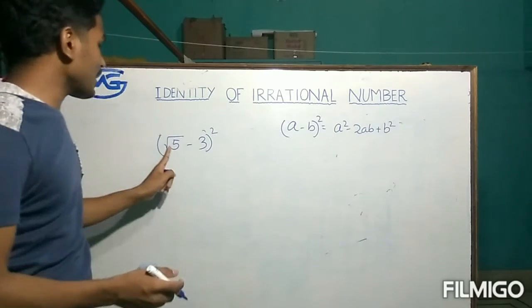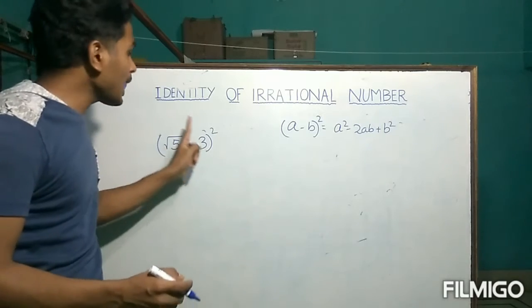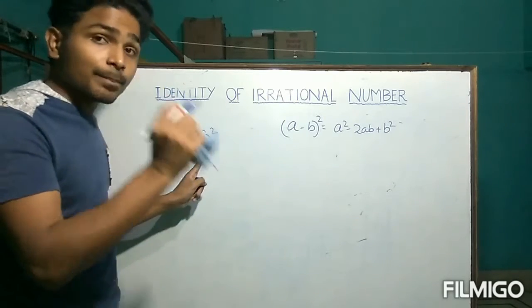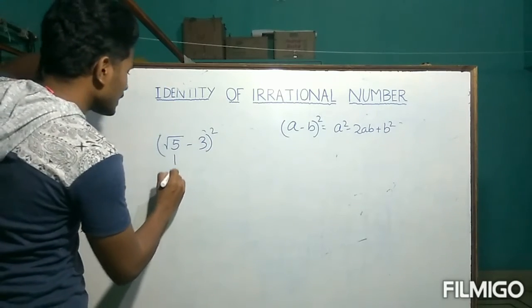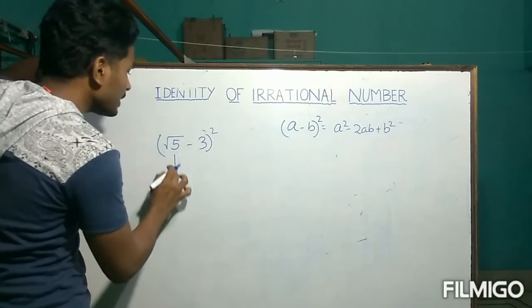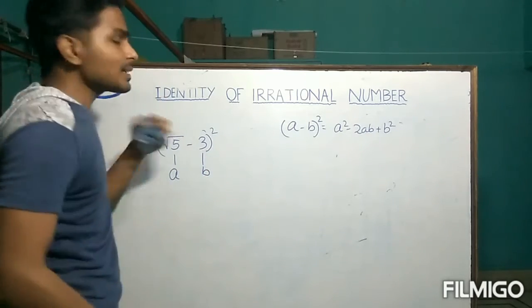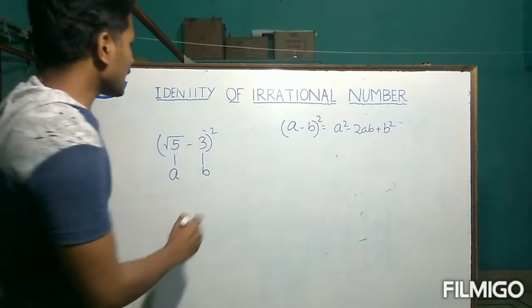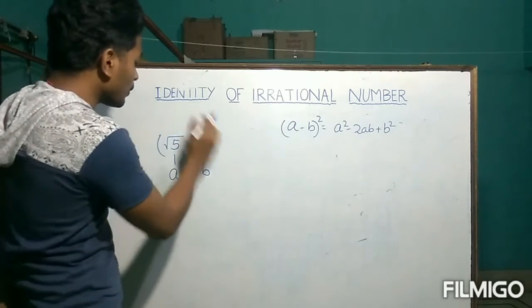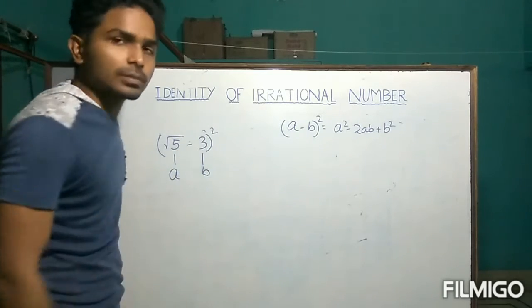In this case, we have an irrational number root 5 and a rational number, that is 3. So let's say root 5 is a and let's say b is 3. Then, as you know, it will form the formula (a minus b) whole square.